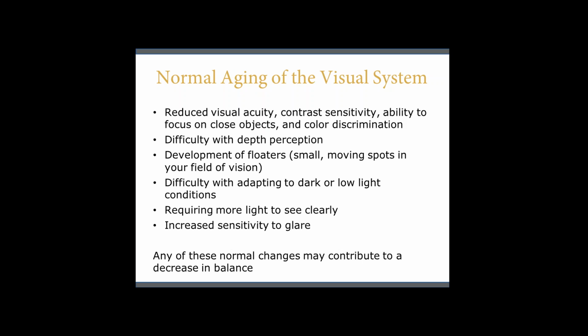And so they may actually experience a period of transient blindness when they come in from outside during bright days. So I usually advise people to either sit down or stand against the wall until their eyes adjust to a change in lighting, coming into a darker room from a bright light outside.